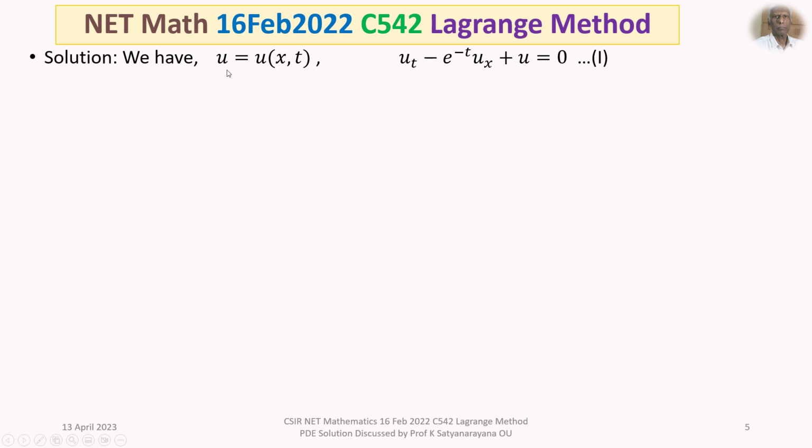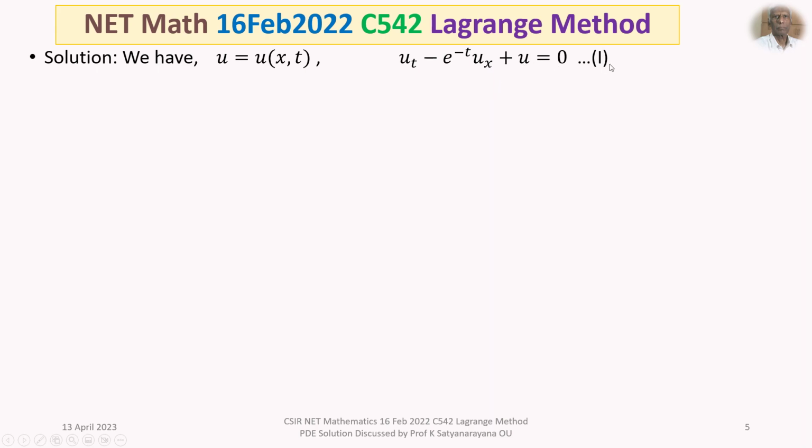We have u, a function of two variables x comma t, and a given partial differential equation del u by del t minus e power minus t into del u by del x plus u is equal to 0.